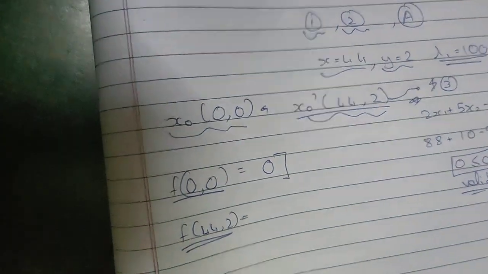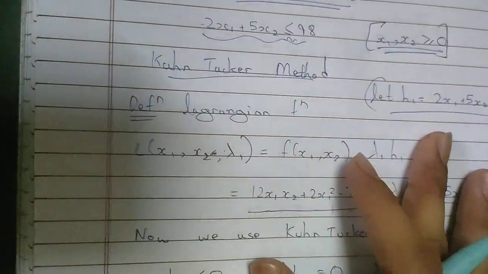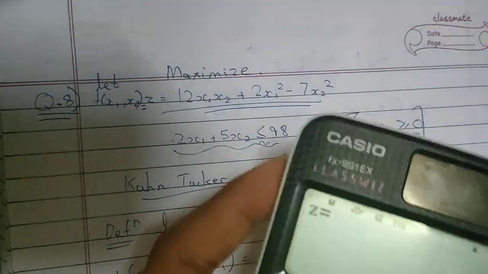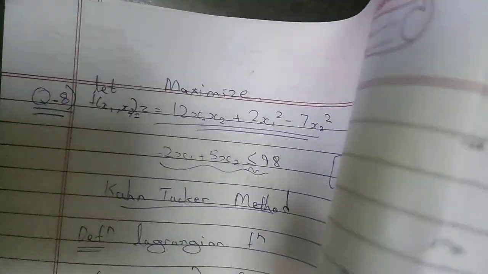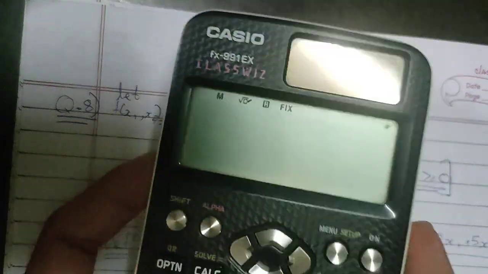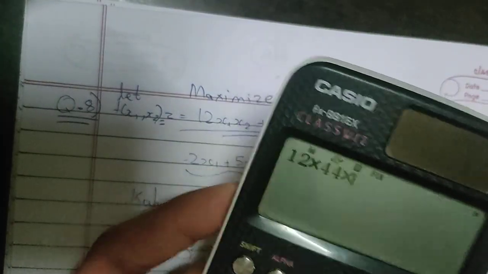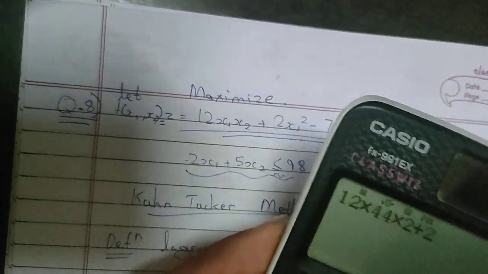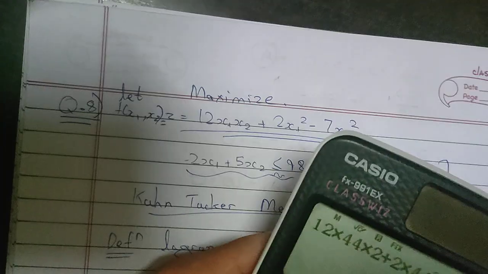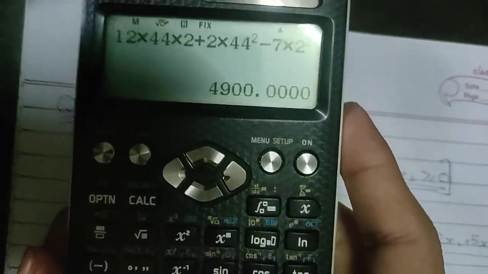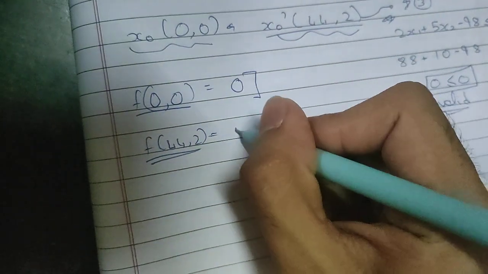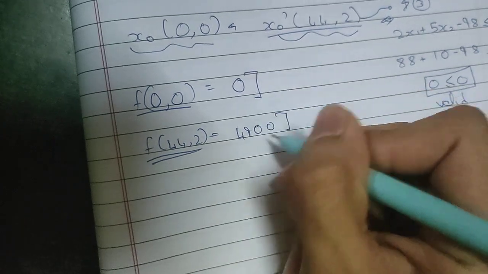I don't think that's maximum in any way. There's only one way to check, by substituting the other point, 44 comma 2. We get 4900, which is leaps and bounds above 0. So definitely this is the point that we need to consider.